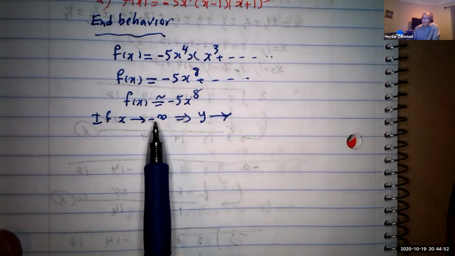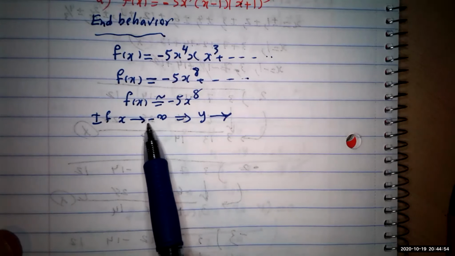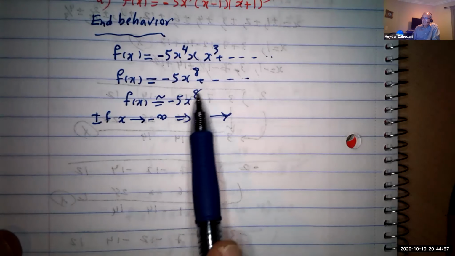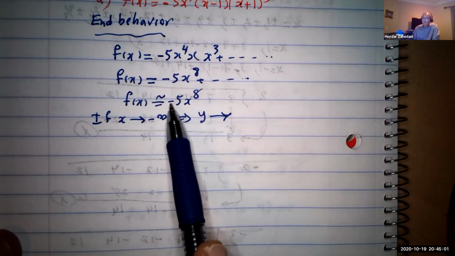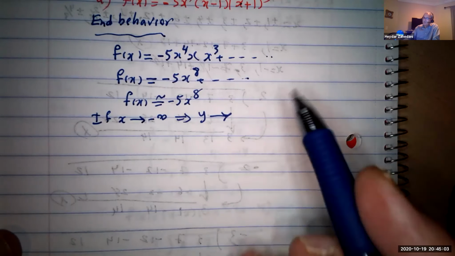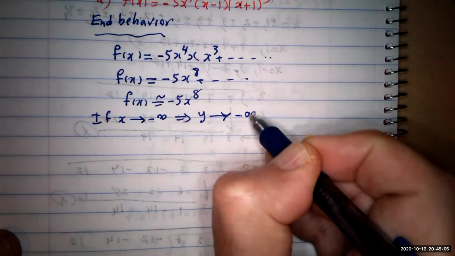You see, you check the power first. Negative to the 8 would be positive, but there is a negative outside.